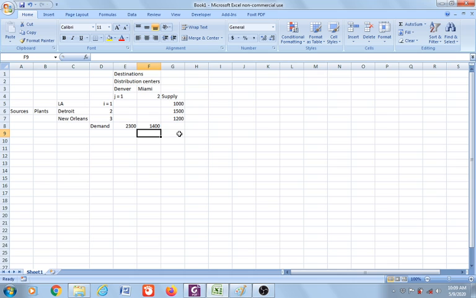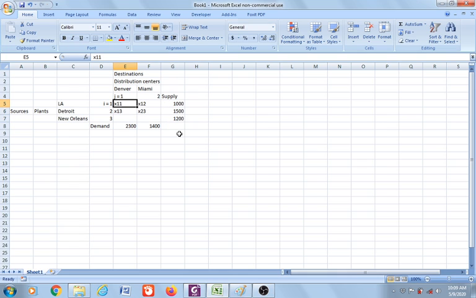Miami. Okay, so the decision variable will be the number of cars that we will send from each source to each destination. So let's label that as X. So we're gonna have X11, X12, X13 and X23. So what is X11?